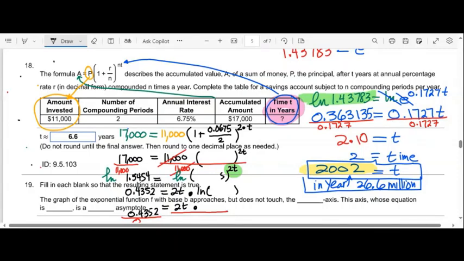Complete the table: savings account subject to compounding periods per year.